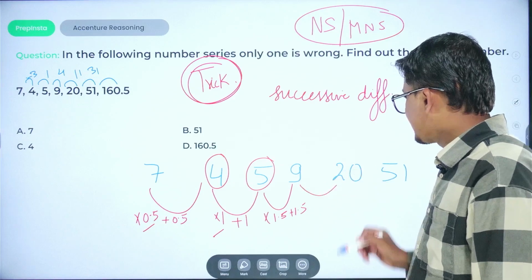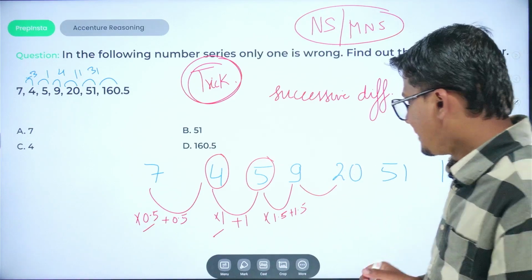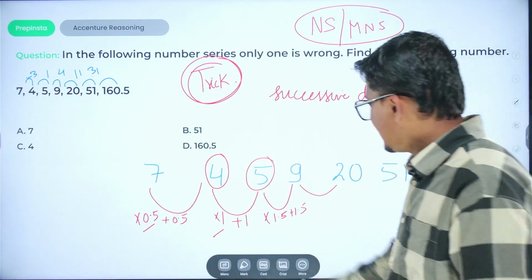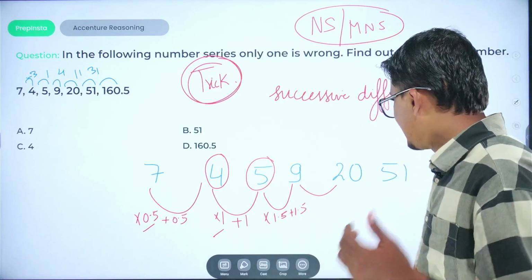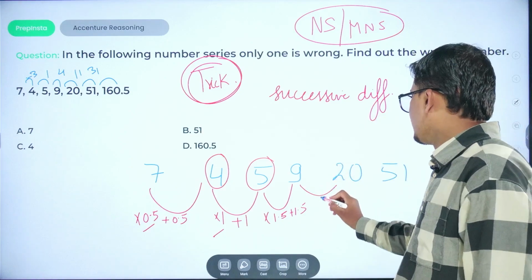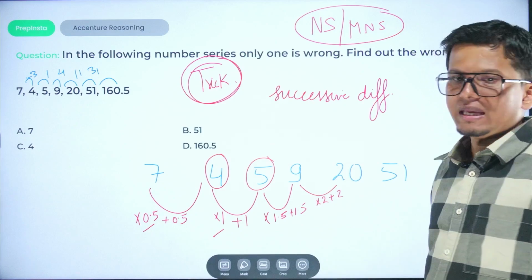Now coming to the next number, what we are actually using is multiplying the same number with 0.5, adding 0.5, then 1, multiplying and adding 1 to it, then 1.5, and the same number we are multiplying first and adding the same number.